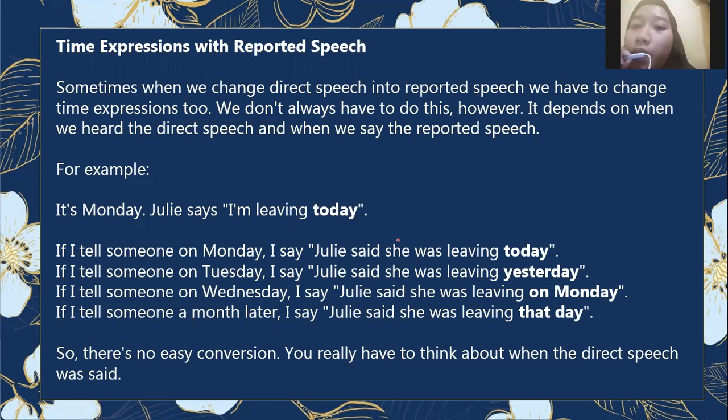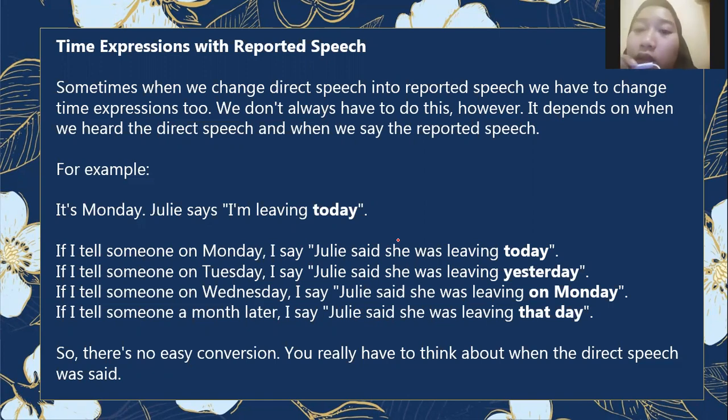For example, it's Monday. Julie says, I'm leaving today. If I tell someone on Monday, I say, Julie said she was leaving today. If I tell someone on Tuesday, I say, Julie said she was leaving yesterday.